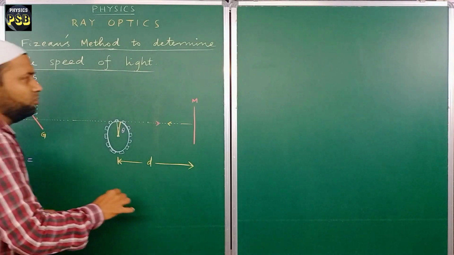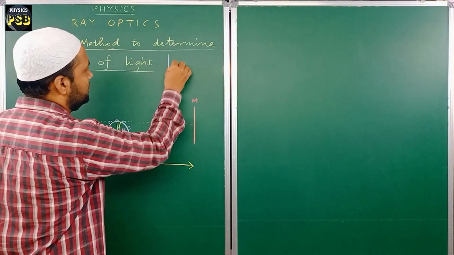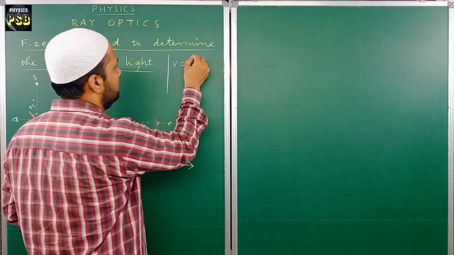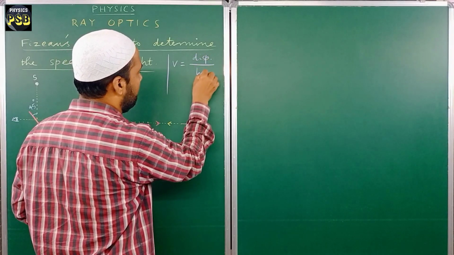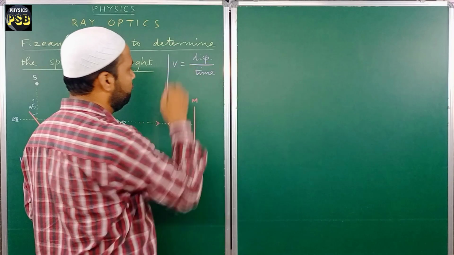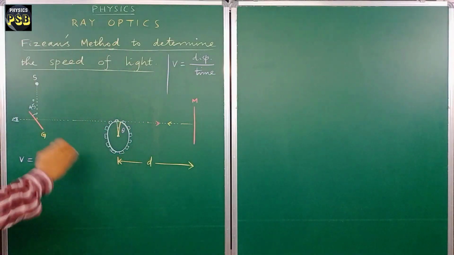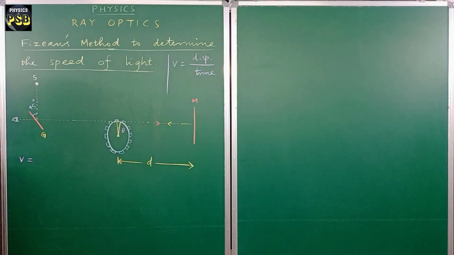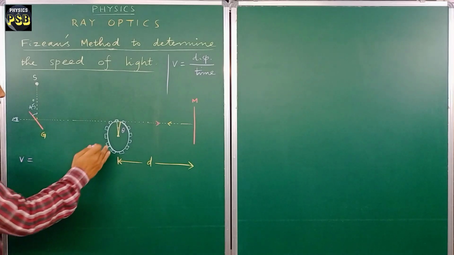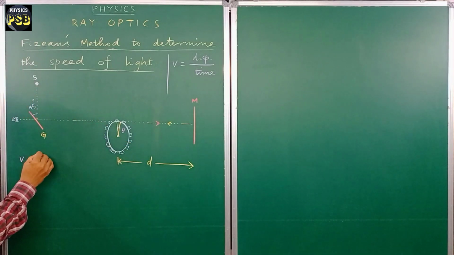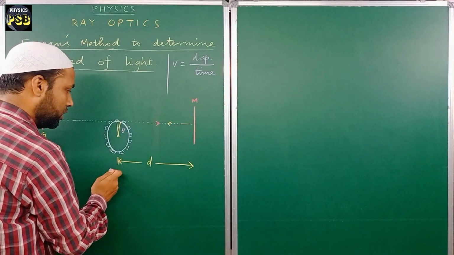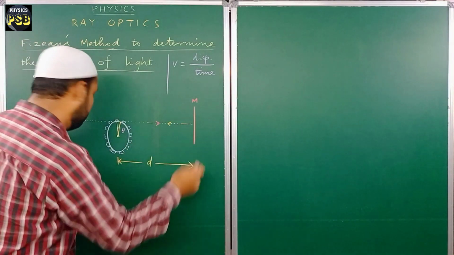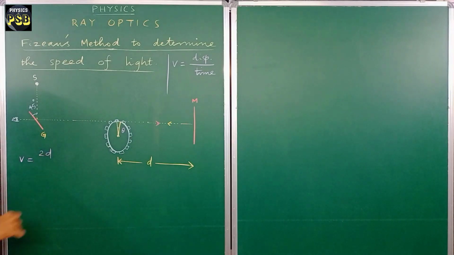Now the velocity with which the light is traveling is found very easily. We know velocity is the rate of change of displacement. Displacement divided by time is the velocity. Here the distance traveled by light is taken as twice the distance between the wheel and the mirror, that is 2D.